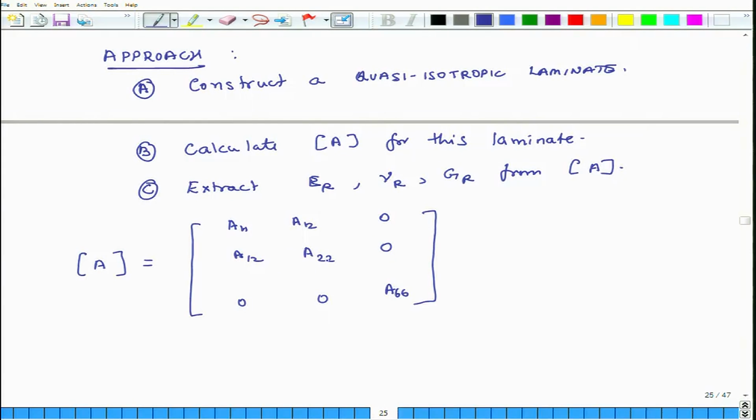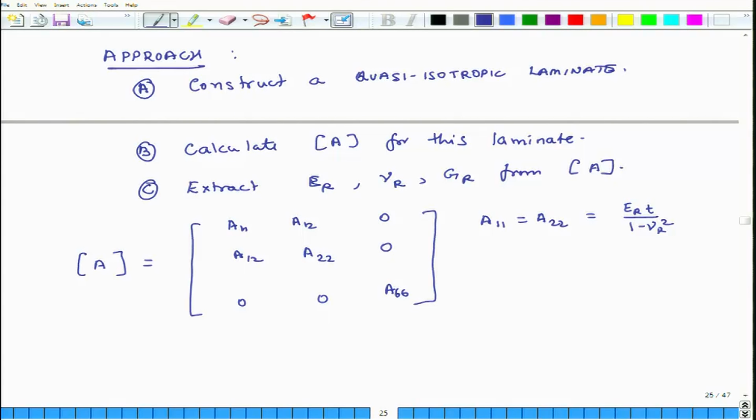I will not write it in the matrix, I will write it separately. So, for a quasi isotropic laminate, A11 is equal to A22, and if it is an isotropic material, I can also write it as ER T divided by 1 minus nu r square. How did I get it?